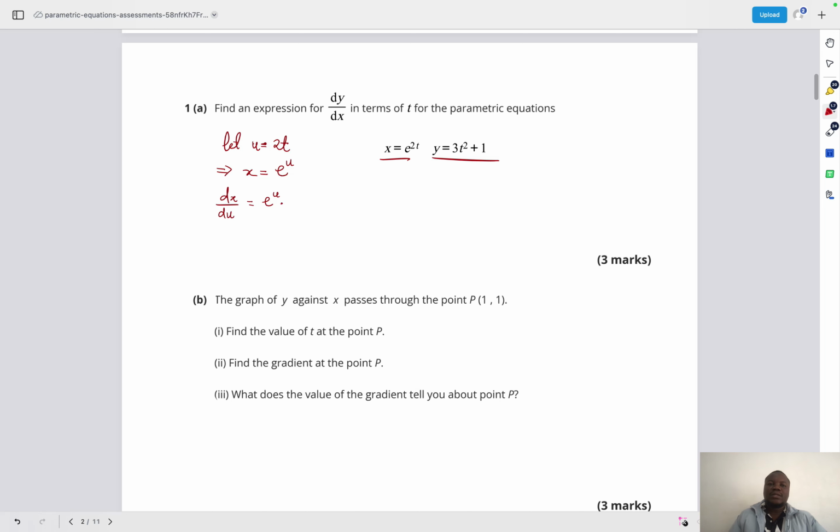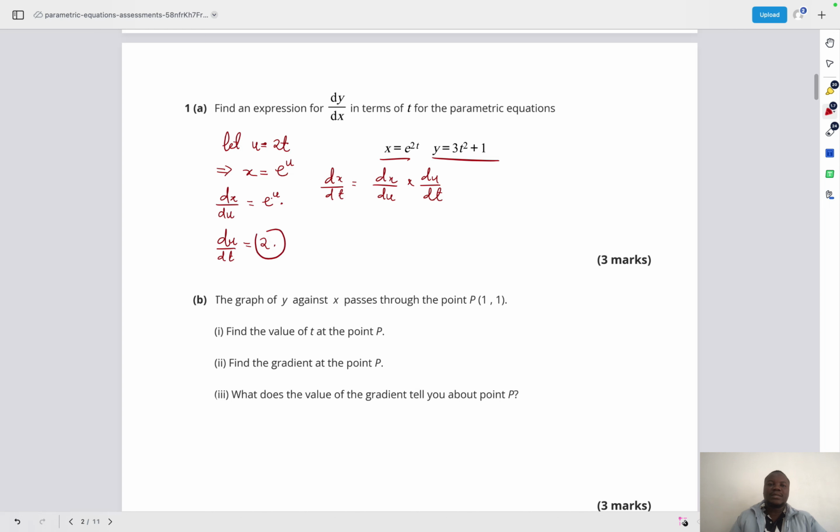And then for this u as a function of t, we find du/dt, which gives us 2. And we know that in order to get dx/dt, we need to multiply dx/du times du/dt, because these components we now have.